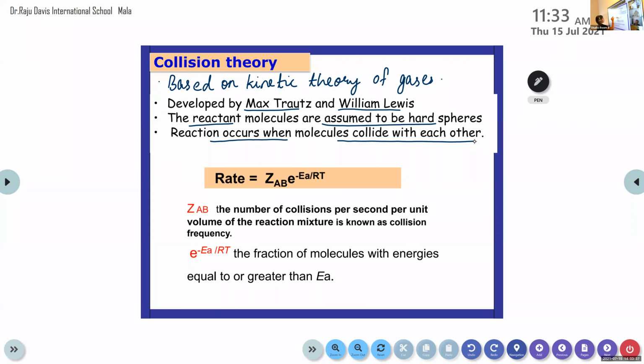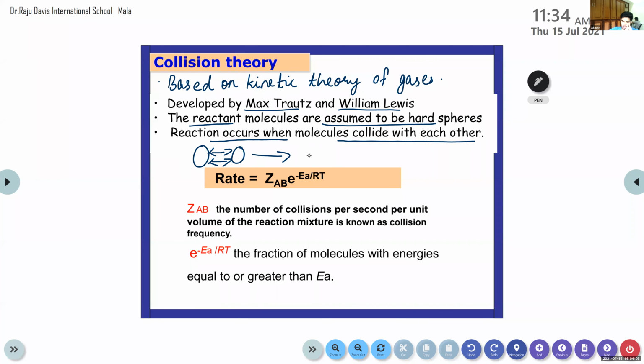So the reactants are considered to be spheres, and if collision takes place between these reactants, they will be converted to products. According to this collision theory, the reactant molecules are assumed to be hard spheres, and the reaction occurs when molecules collide with each other.